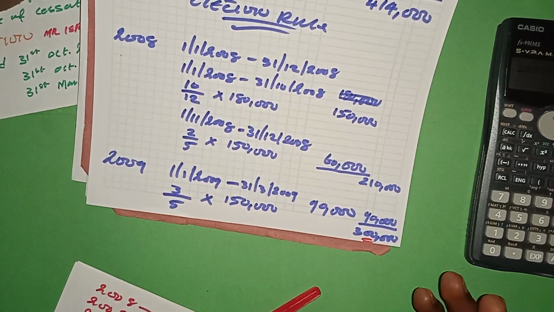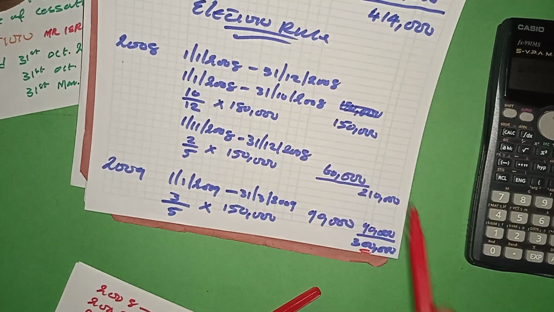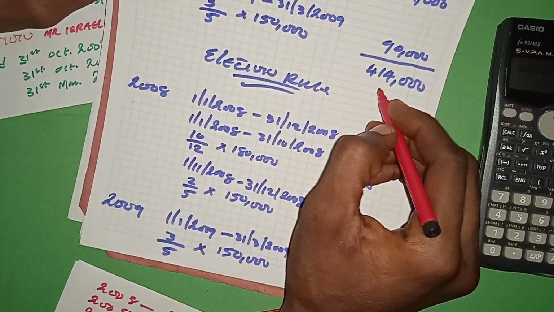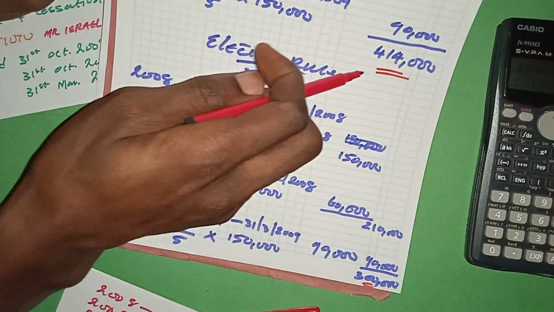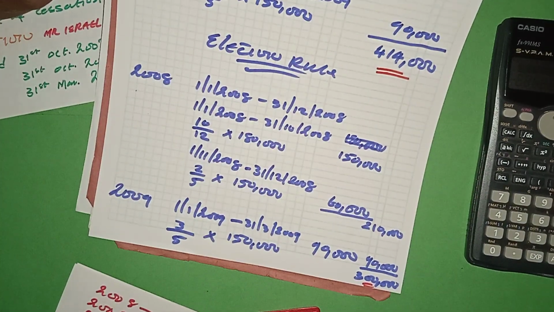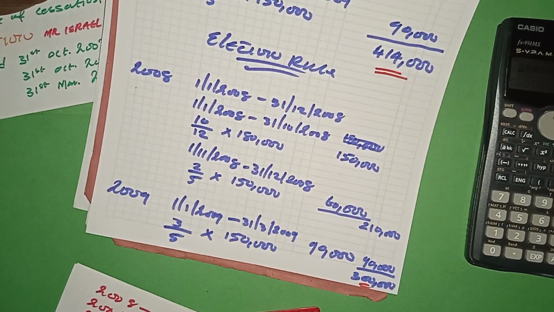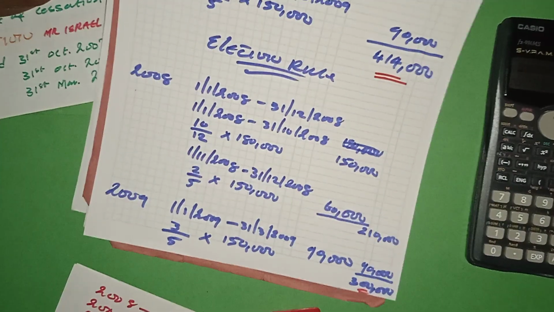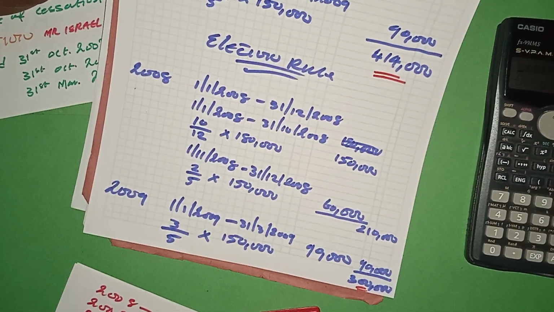Which do we assess? The taxpayer will be assessed on the higher one, the original assessment. They will not charge him 300,000 naira to pay because this one is higher. So that is all about cessation.